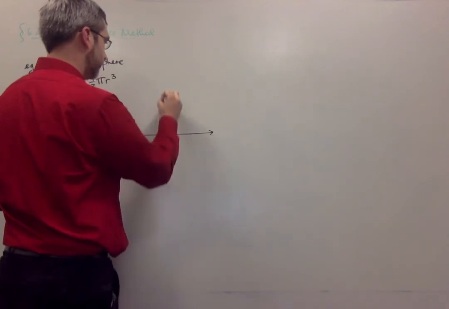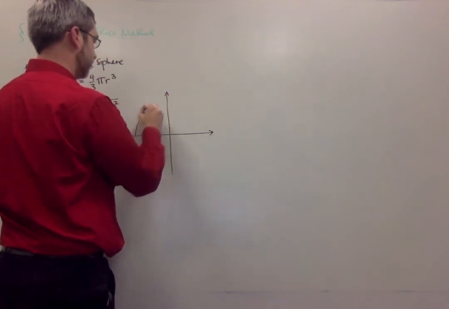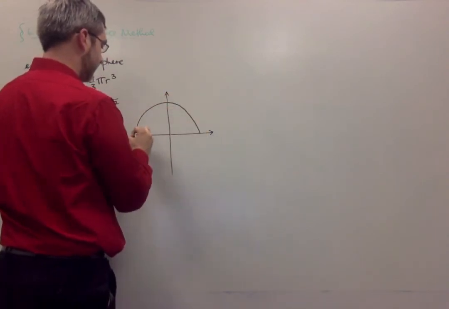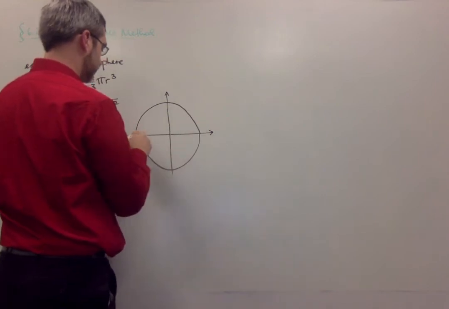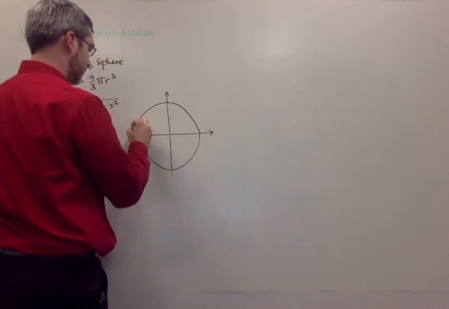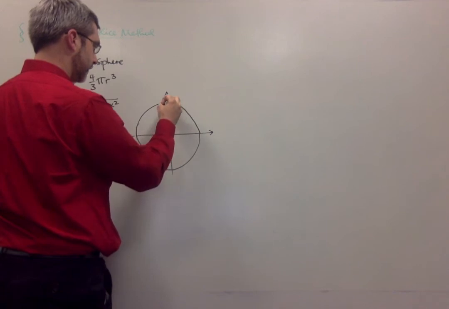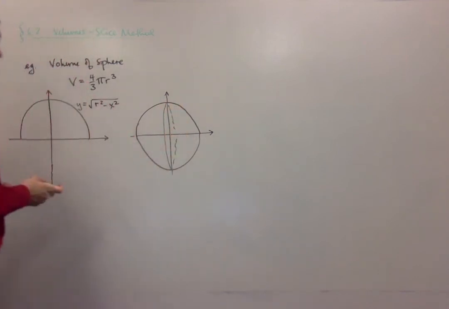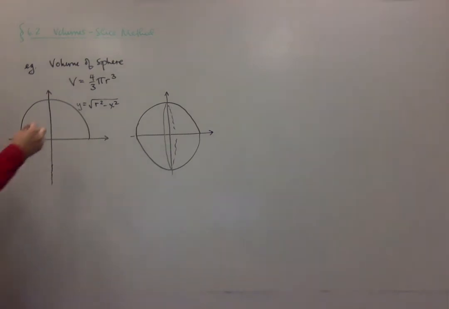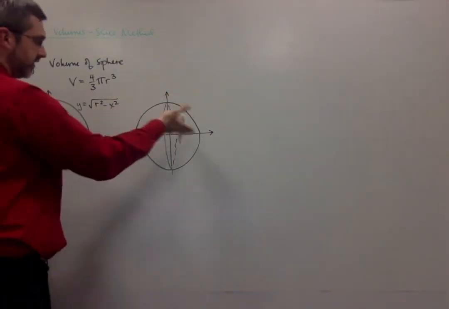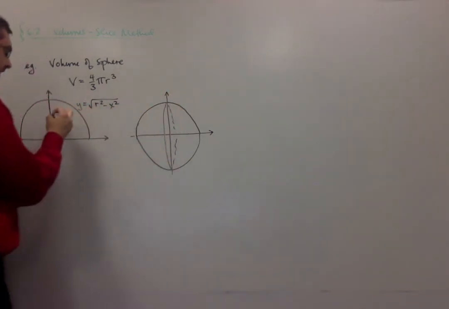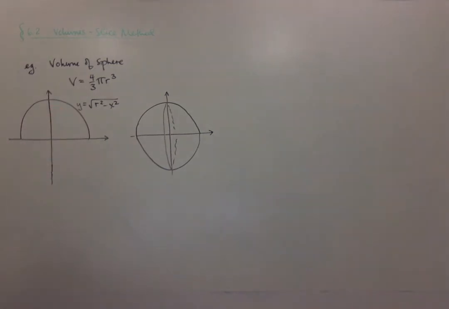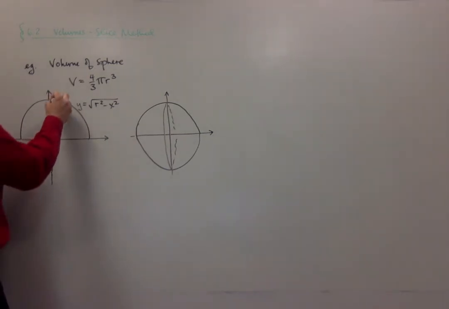So let's do that. If I rotated that down here, it should line up. It actually doesn't matter if you slice it this way or this way. Let's slice it in the x direction, because I think you feel more comfortable with that.